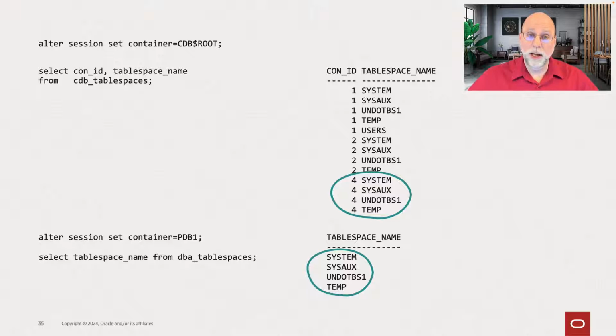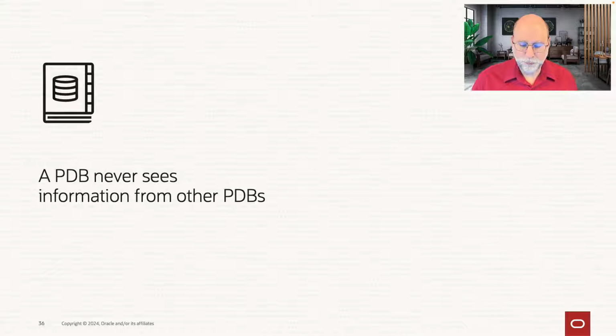You can look at what's going on in every pluggable database, but the users within an individual pluggable database can't see what's going on elsewhere. So a PDB never sees information from other PDBs. And when we say never, that's true even if you're a privileged user.